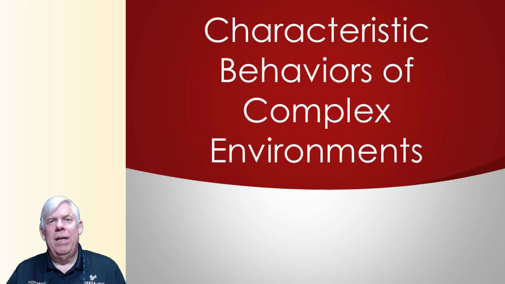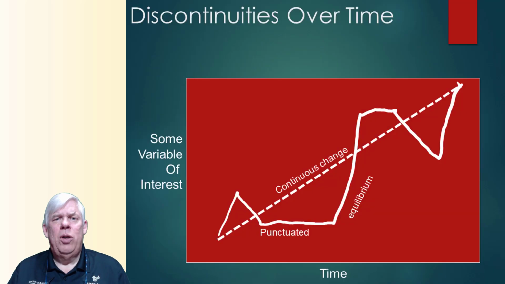So all of this leads us to a broader question, which is, what are the characteristic behaviors of extrinsically complex environments? This question leads us into an interdisciplinary area of study known as complex adaptive systems. And one of the behaviors that is characteristic in these systems is that behavior is not random, but it is completely unpredictable.